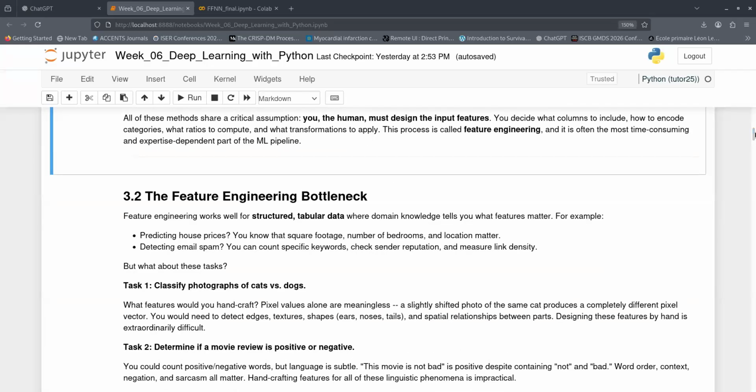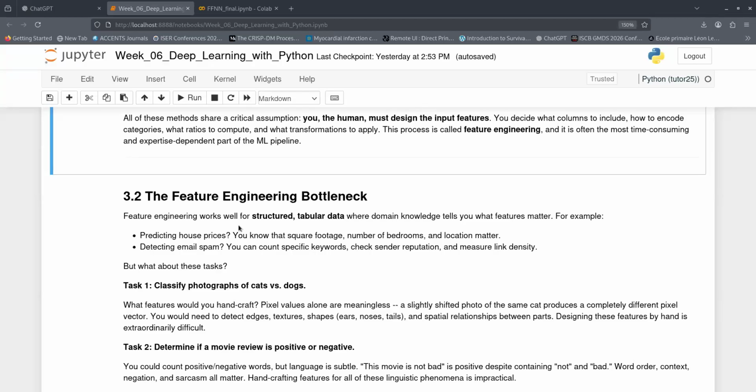So now, the feature engineering bottleneck. Feature engineering works well for structured or tabular data. If the data is structured, tabular, feature engineering is just going to work well.